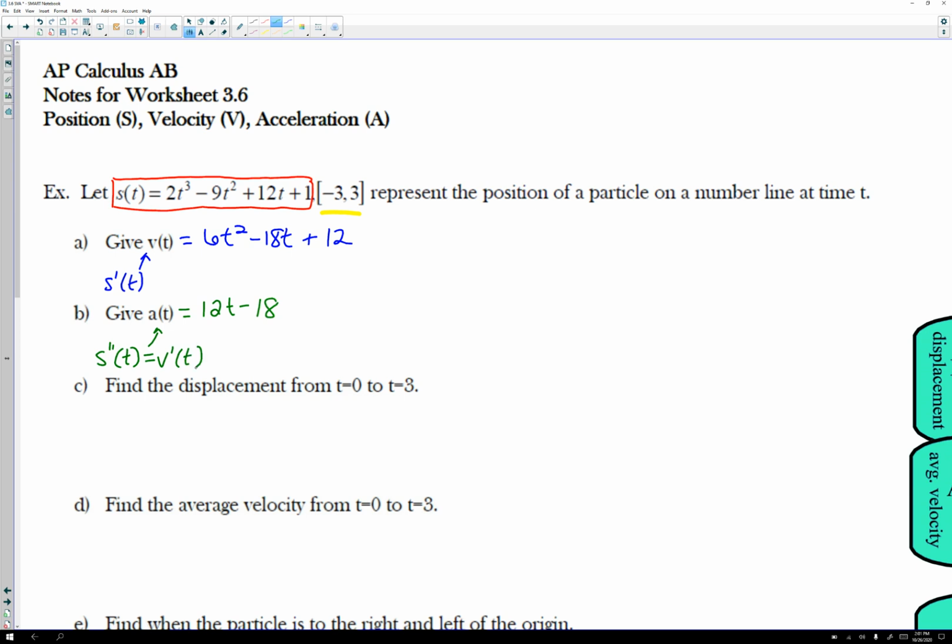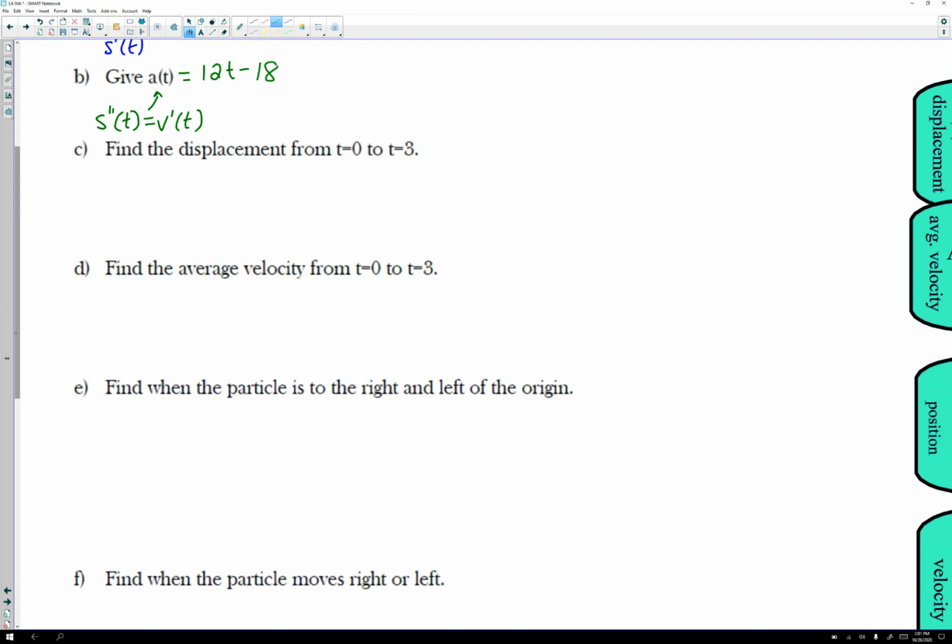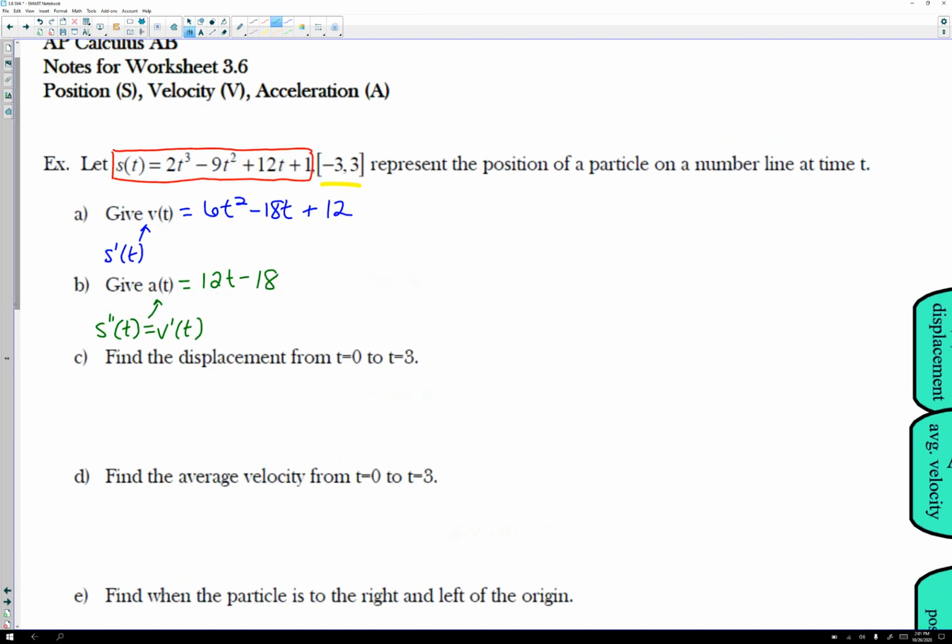All right, so now there's a ton of stuff that you can be asked about this particle that's moving back and forth on this number line. The first thing is the displacement. What displacement means is, this particle is moving left and right, changing directions and going different distances at different velocities.